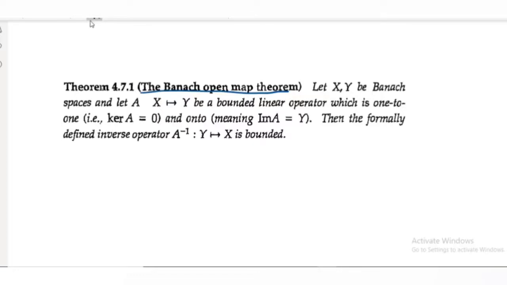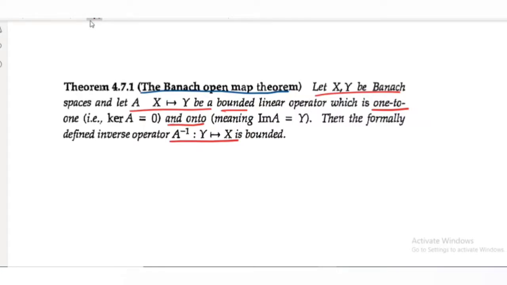So let X and Y be Banach spaces, and A from X to Y be a bounded linear operator which is one to one and onto. Then the formally defined linear inverse operator A inverse from Y to X is bounded.